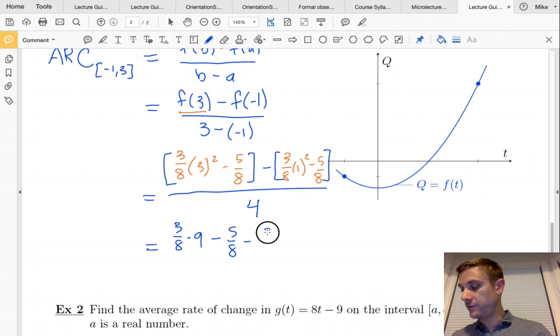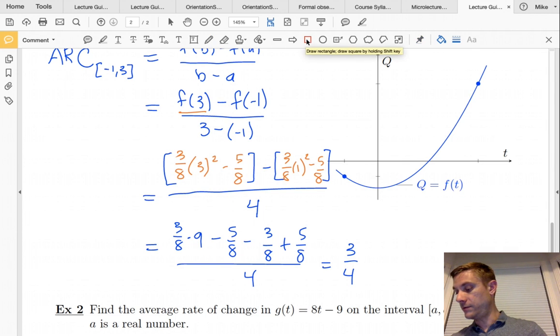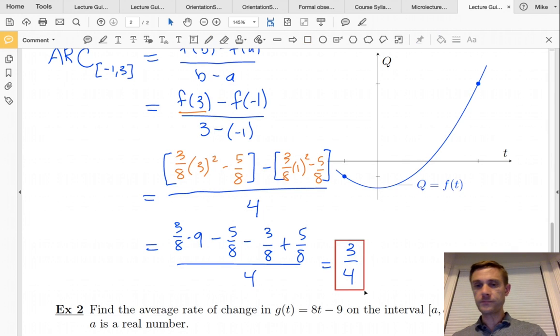So we have just 3/8, and then it's actually plus 5/8 once we do minus. Okay. I think, surprisingly, given all the fractions and stuff, this comes out to be pretty nice. I think when we're all done simplifying, we're down to 3/4, which, considering what's going on in the numerator there, could have been a lot worse.